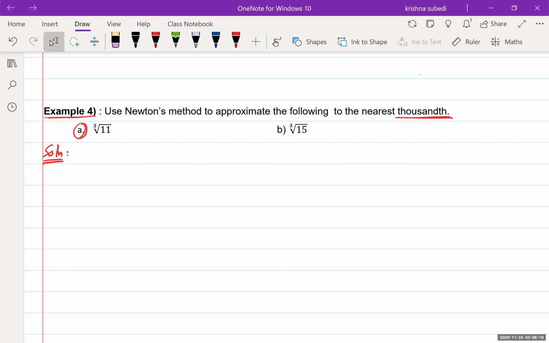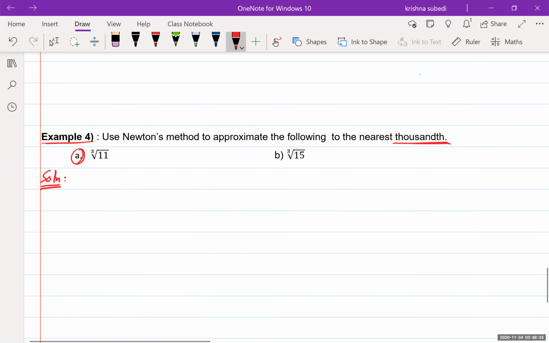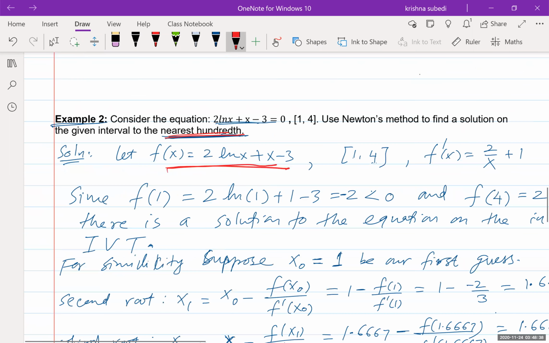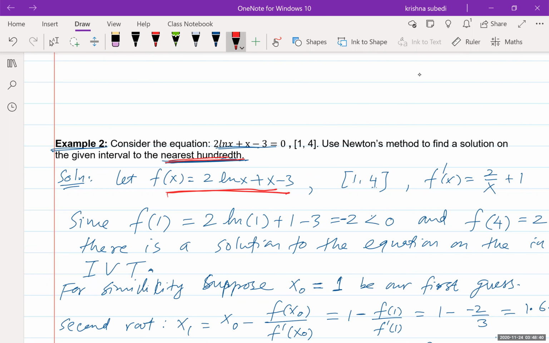So let us use Newton's method and find the approximate value. First of all, remember what we need is to know the function and the interval.